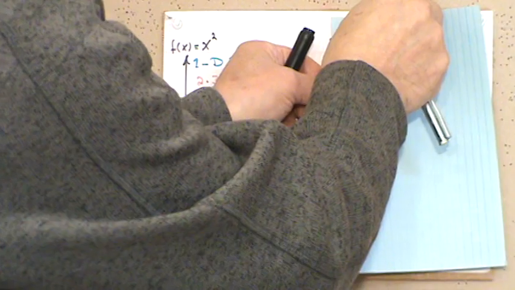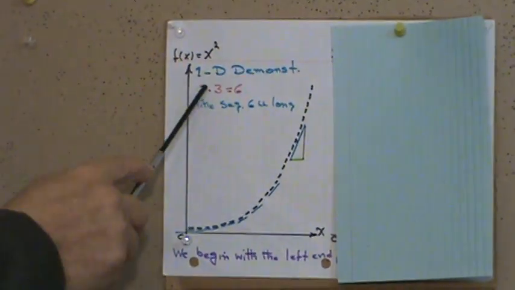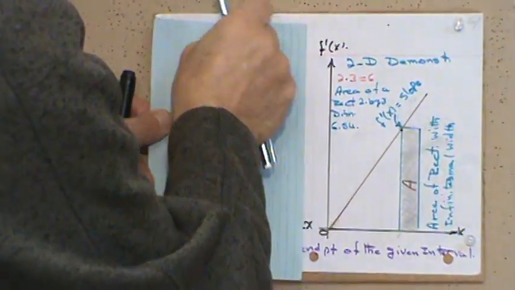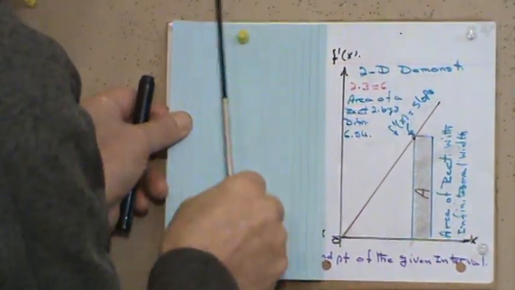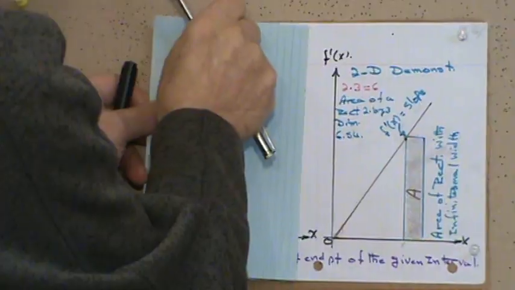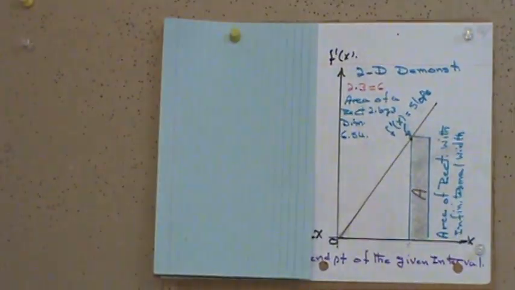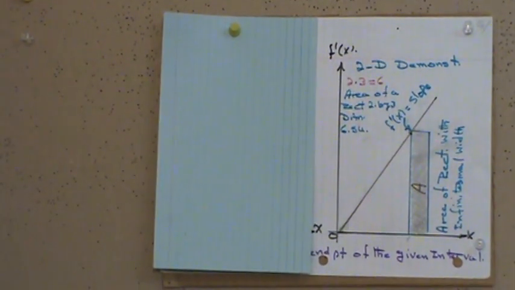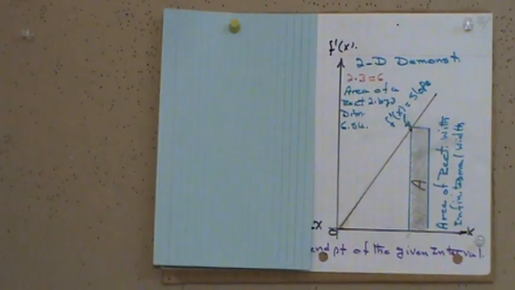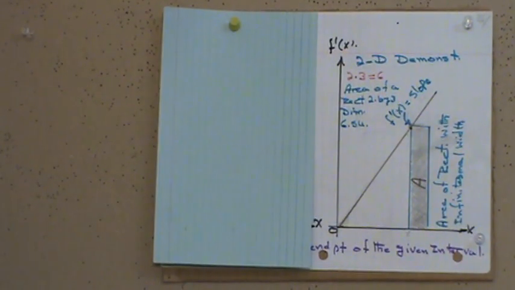Now, the other way to interpret 2 times 3 is in 2D, as an area of a rectangle of 2 by 3 dimension. Again, 2 times 3 can be interpreted in 2 ways.